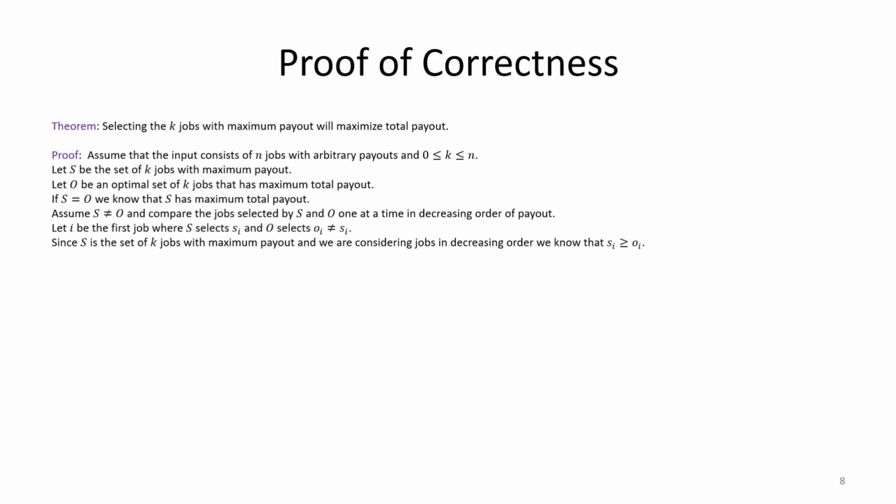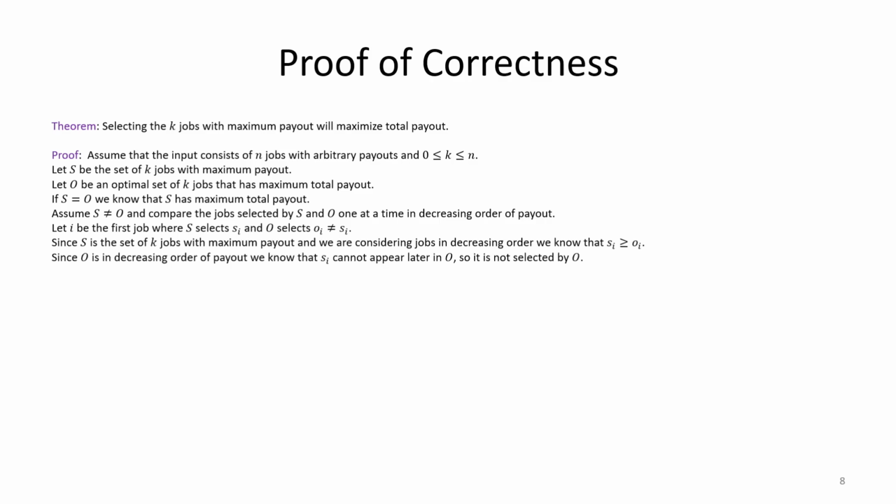And if O is picking a job other than that, there's nothing bigger that it could have picked. We've already agreed on all the ones that are bigger. So the only thing that O could pick is a job that is less than or equal to SI. Okay, possibly equal to. Remember, we want to keep that possibility in the back of our mind, but the job must be less than or equal to the job selected by S.